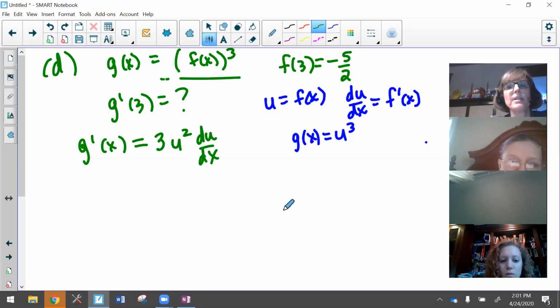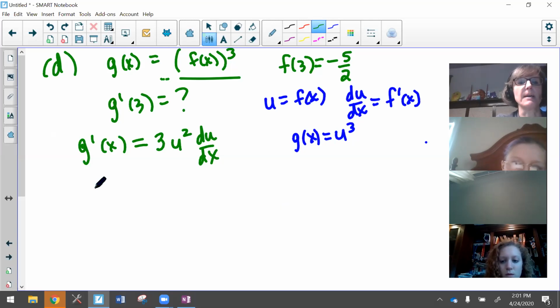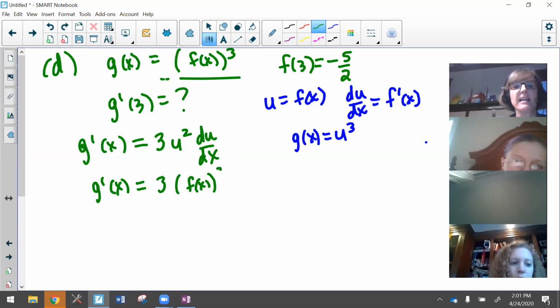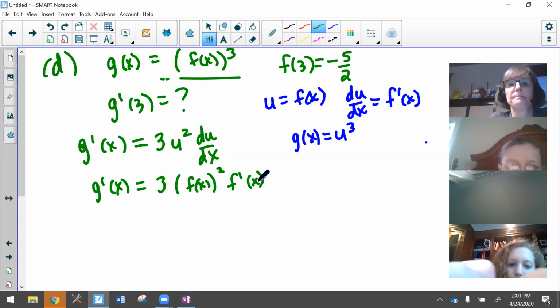Anybody not understand where that comes from? It's come up a bunch of times and it will continue to come up. So if I substitute back in, that's 3 times f of x, that whole thing squared, times f prime of x.